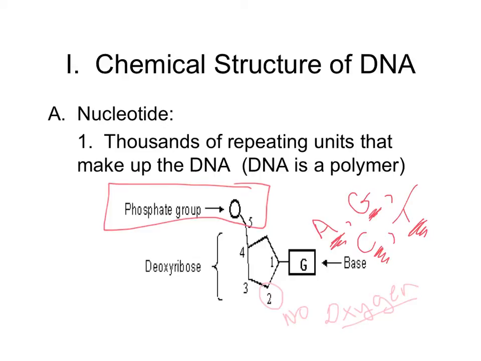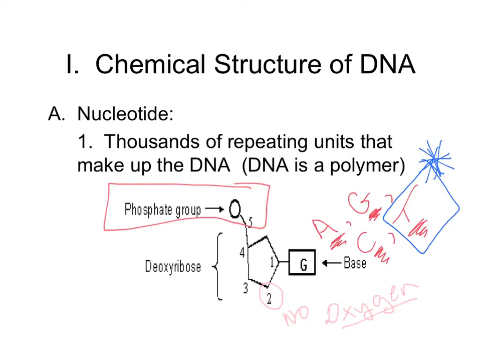Now, thymine is an interesting molecule in that when we make RNA, this base doesn't fit, and so it's replaced in RNA by uracil. So let's try to remember that DNA contains thymine.